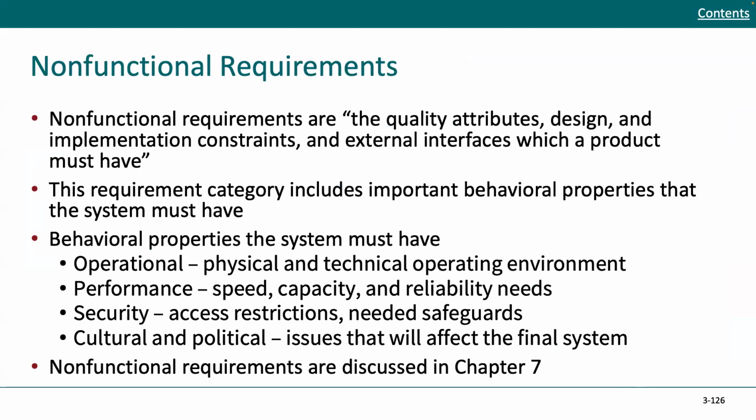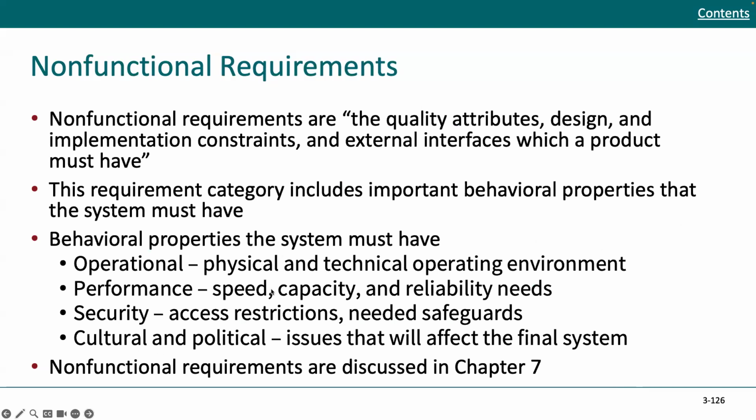Next, let's think about the non-functional requirements. According to the authors, when we're dealing with this type of system, they are the quality attributes, the design and implementation constraints, and external interfaces which a product must have. This requirement category includes important behavioral properties that the system must have: operational, performance, security, and cultural and political.